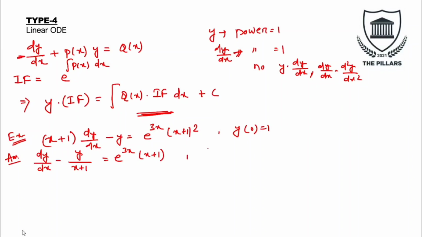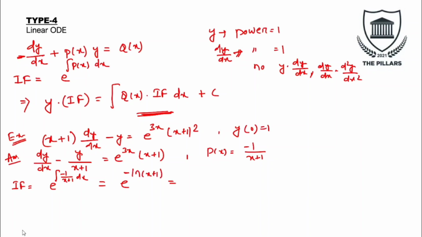Now we know that p(x) is −1/(x + 1). So we can find the integrating factor here. It will be e to the power integral of −1/(x + 1) dx. Integration of 1/(x + 1) will be log(x + 1), and here is the minus sign, so −log(x + 1).